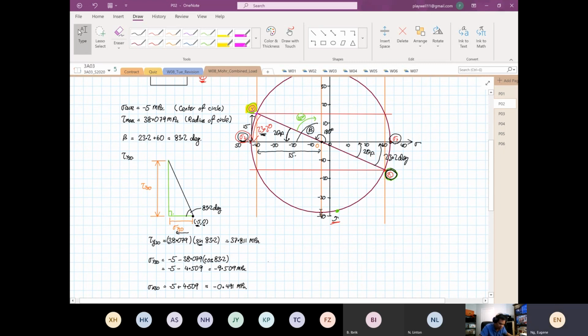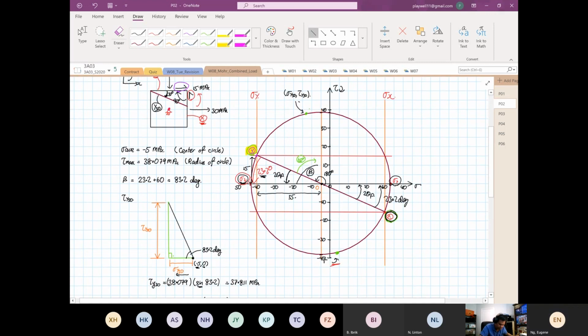Okay, so 0 point here, so it will be about here. Okay, so this point over here is going to be your Y30 point, and this point over here will be your X30 point. Okay, how do I know that? Because now I know the actual value, right?